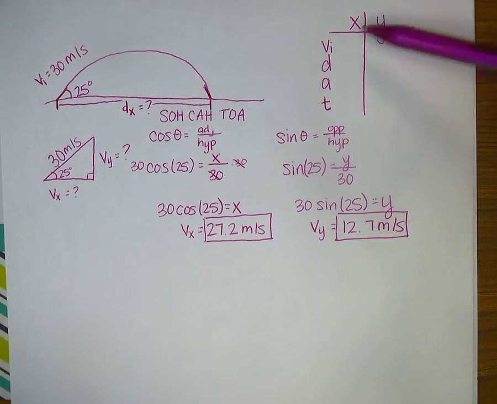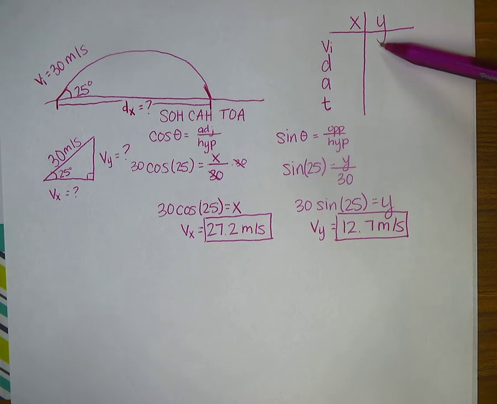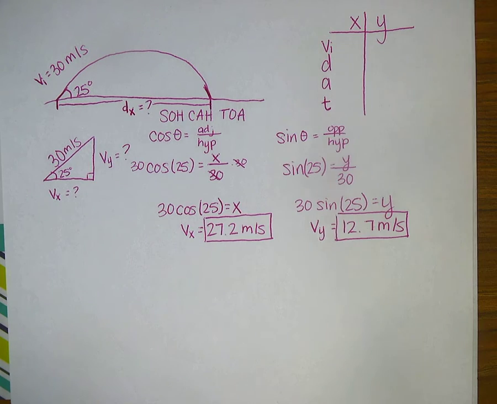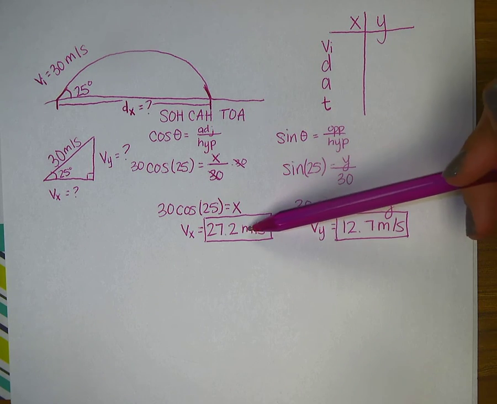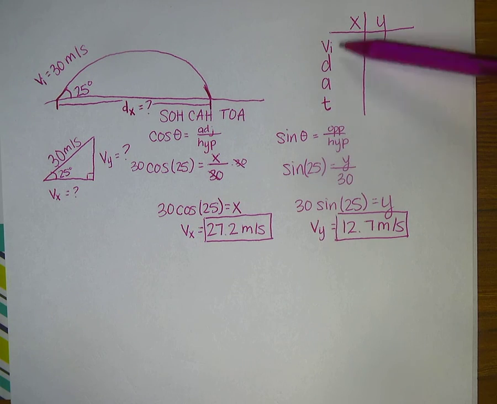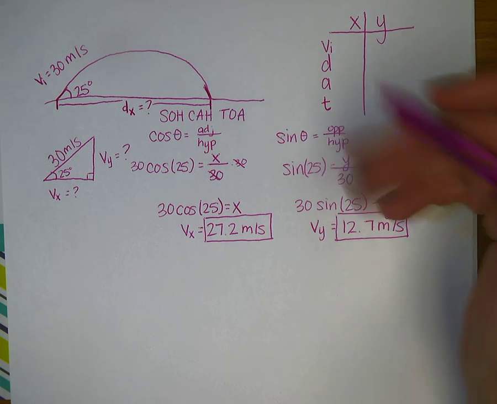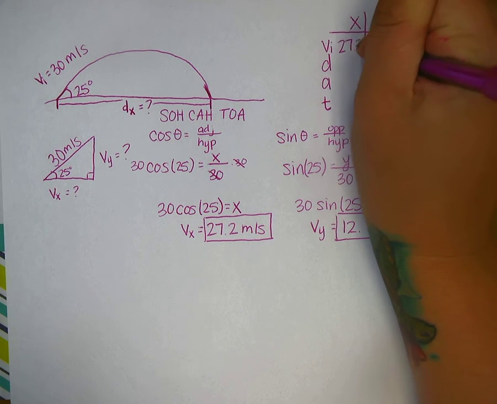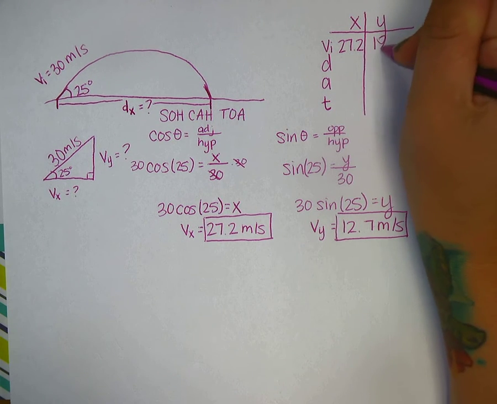Okay, in this case, we used to have 0 as our initial y velocity. Since we are launching at an angle, we do have some upward velocity. And that's actually what we solved for over here. So your answers for Vx and Vy are going to go in for your x and y velocity. So Vx is going to be 27.2. Vy is 12.7.